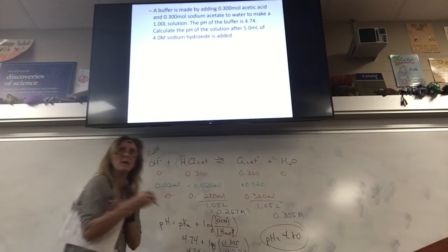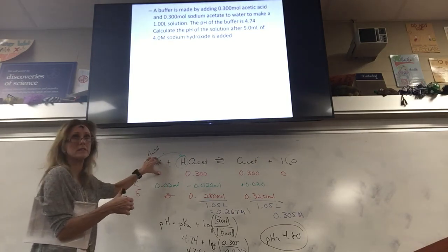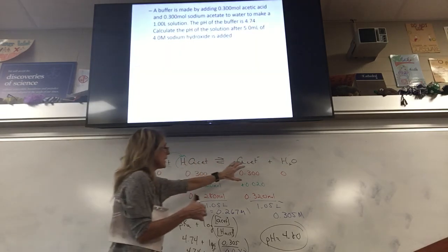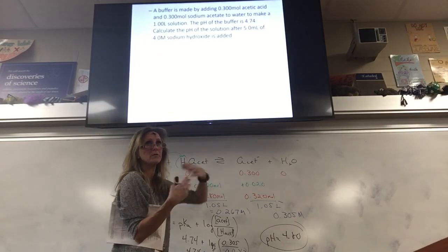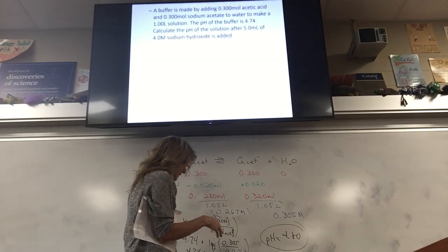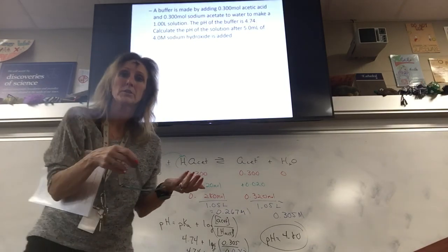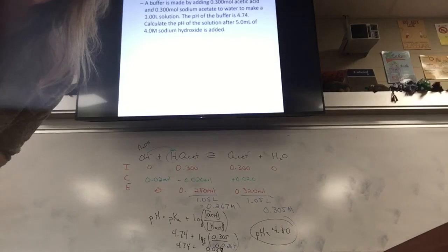So it only went up by 0.06 because, again, this hydroxide ion was completely consumed by the weak acid, and we just increased the conjugate base a little bit. So that's why it did become slightly more basic, but not as much as you would think from adding a strong base.